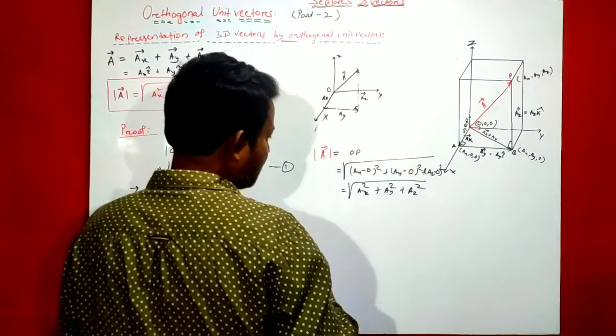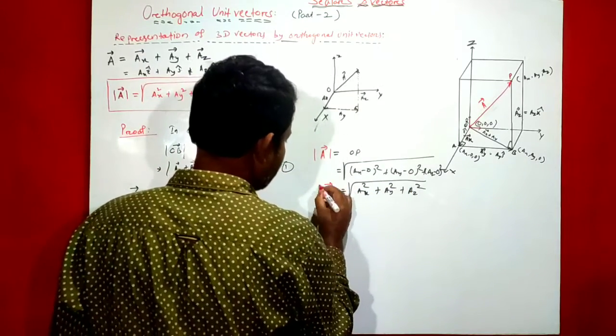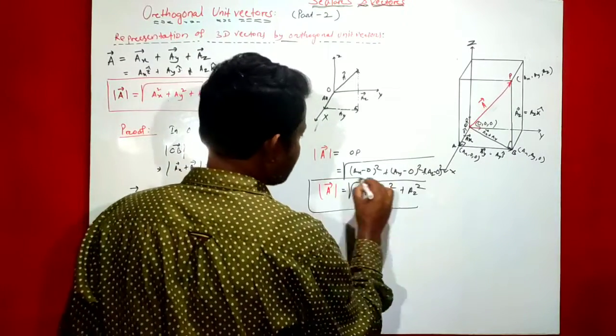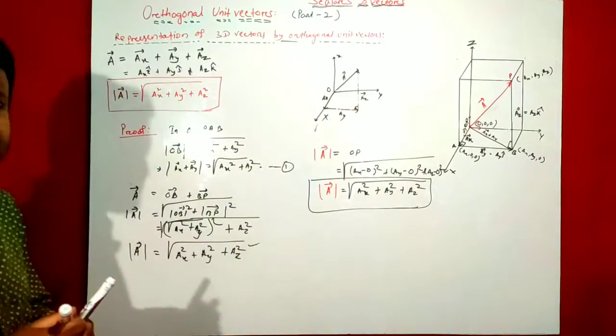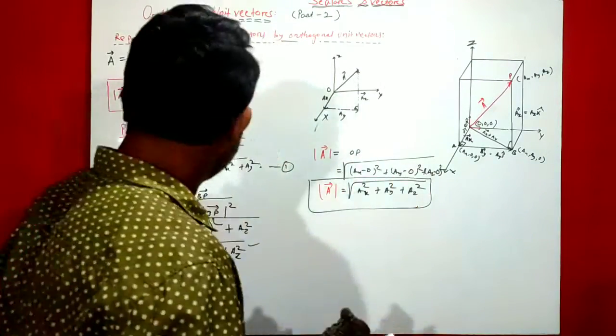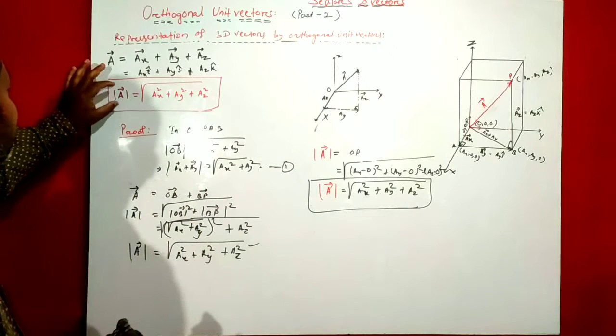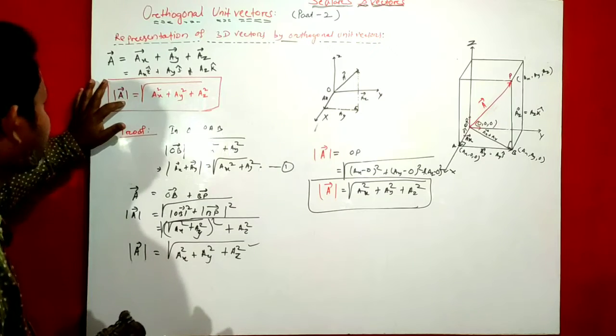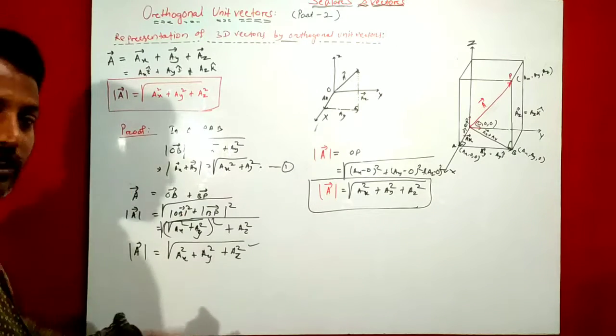We prove this, the magnitude of A. Make sense? Wonderfully, we find the magnitude of A vector in two ways.